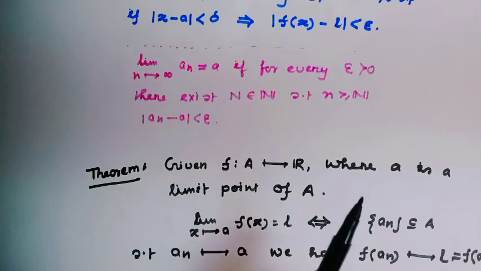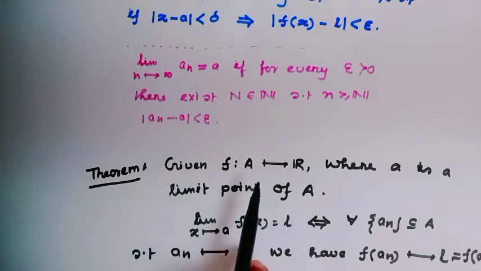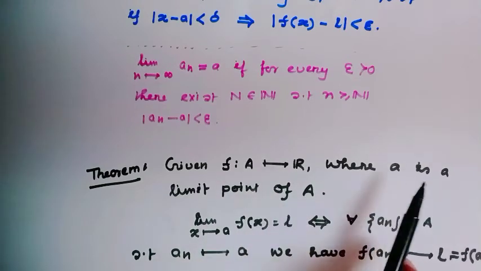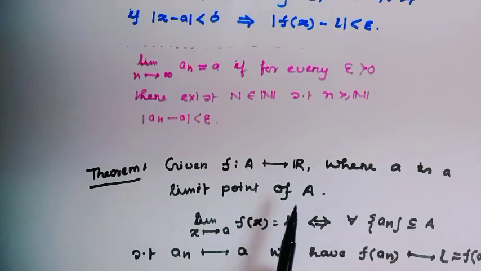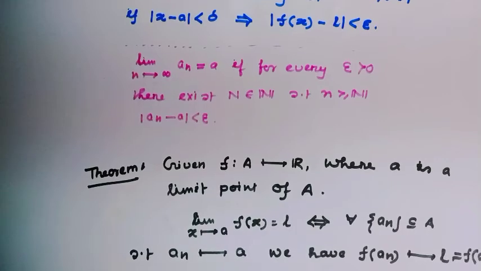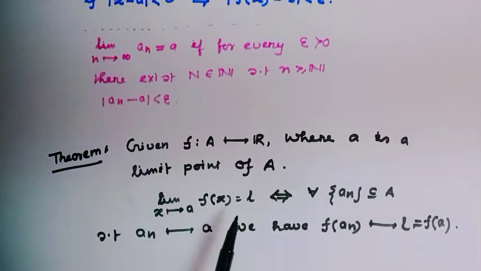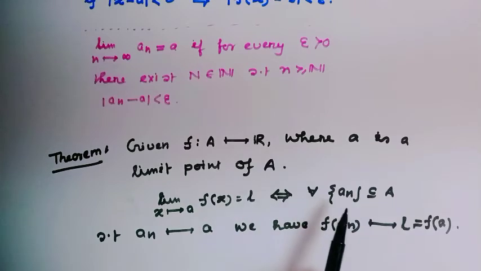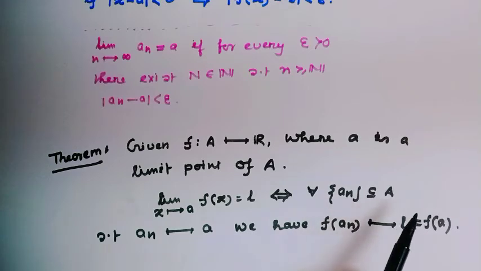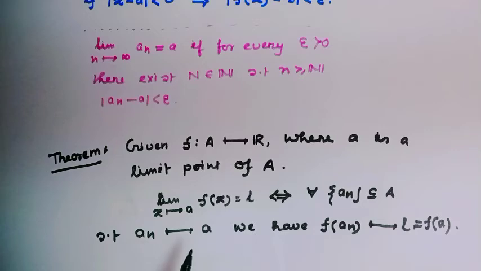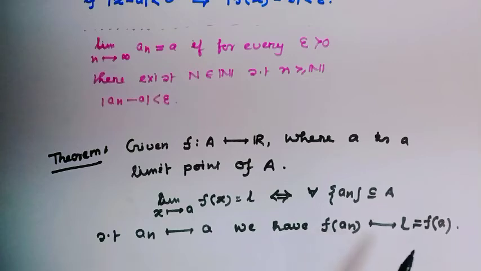The statement of the theorem is: given f from A to R, where capital A is any subset of R, and small a is a limit point of capital A, then the limit as x tends to a of f(x) equals L is equivalent to: for all sequences a_n in A such that a_n converges to a, we have f(a_n) converges to L, and this value of L is always equal to f(a).